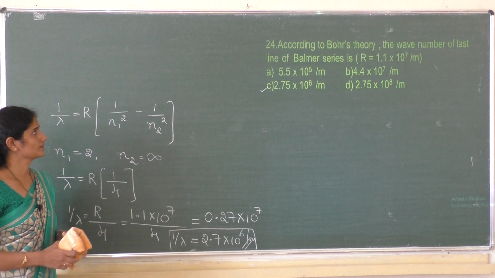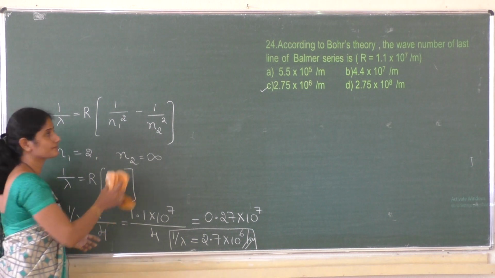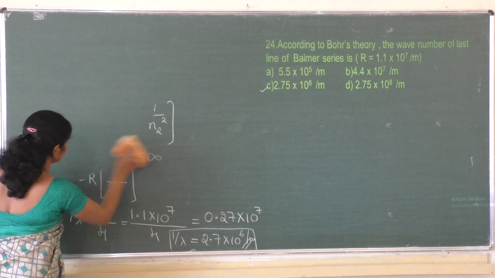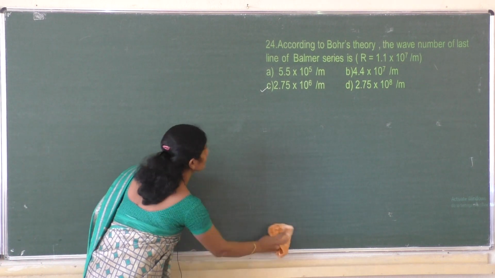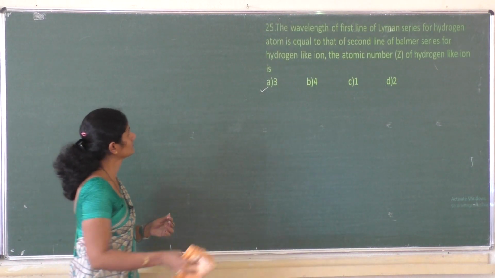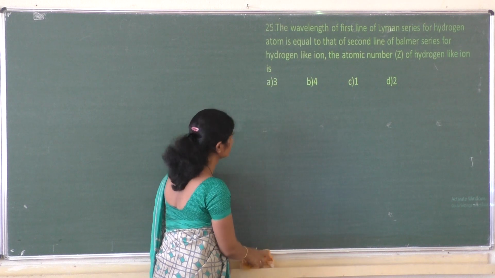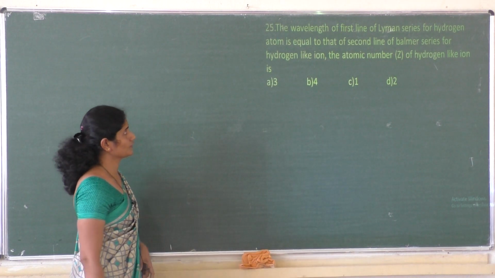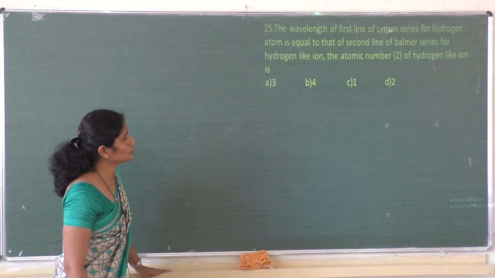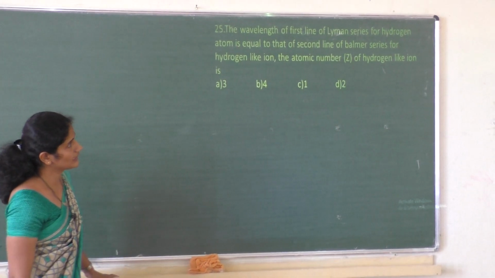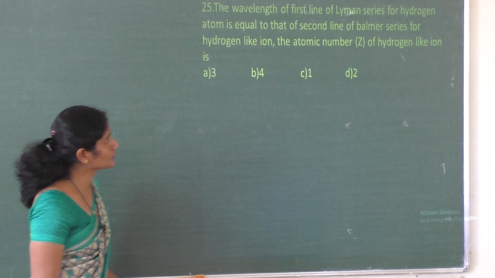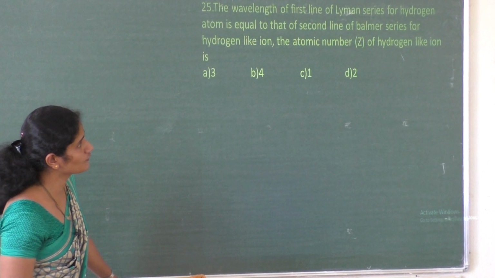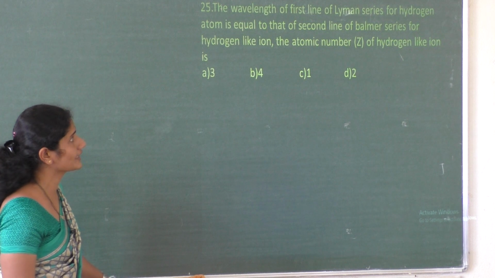Next question. Question number 25. The wavelength of first line of Lyman series for hydrogen atom is equal to that of second line of Balmer series for hydrogen like ion.